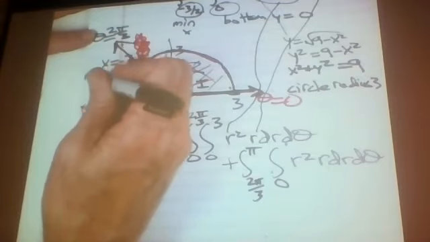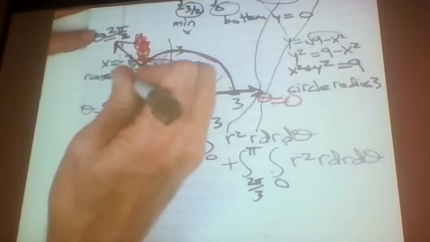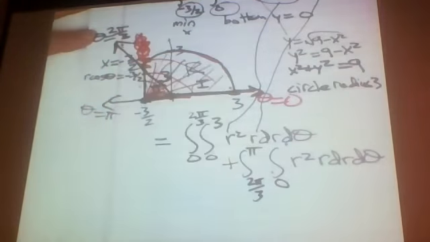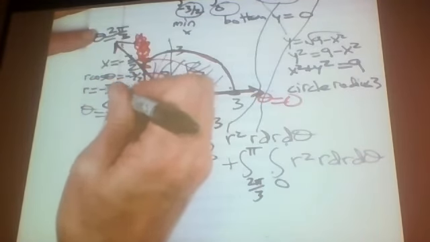How do I write x equals minus 3/2 in polar coordinates? Well, I remember that x is r cosine theta, so it's r cosine theta equals minus 3/2. And I divide by cosine theta and get r equals minus 3/2 secant theta. There it is.